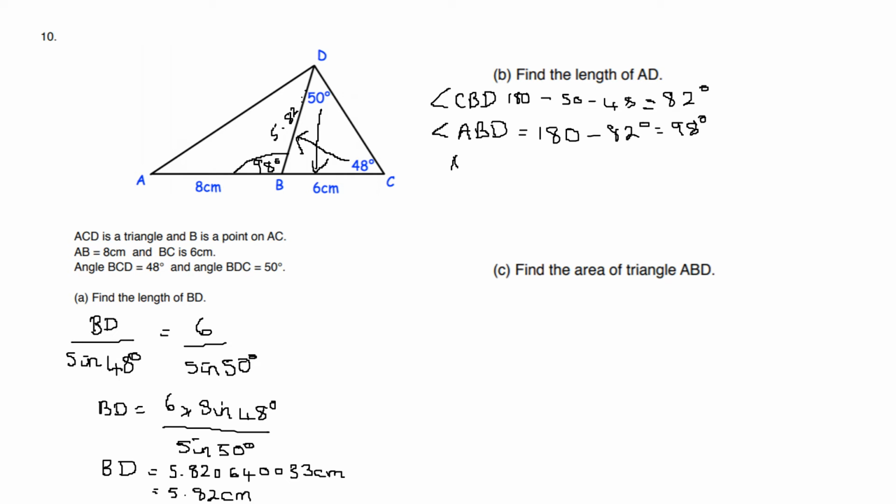So let's do AD squared is equal to 8 squared plus, you will need to put the whole of that value in. I've just put the ellipsis there to show that the number carries on, minus 2 lots of 8 times 5.820 cos 98 degrees.